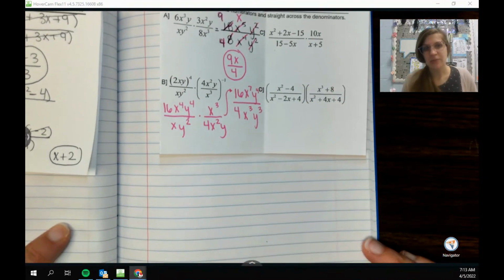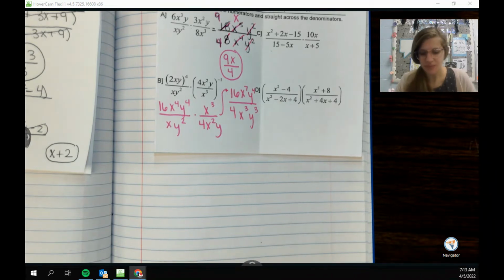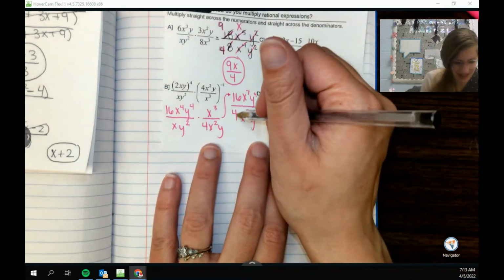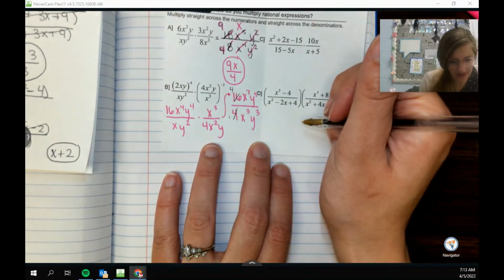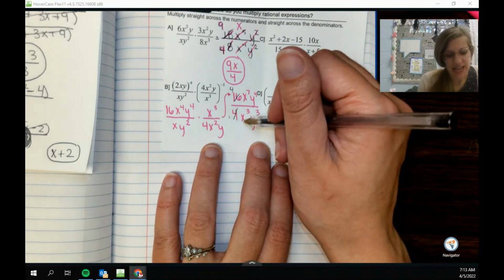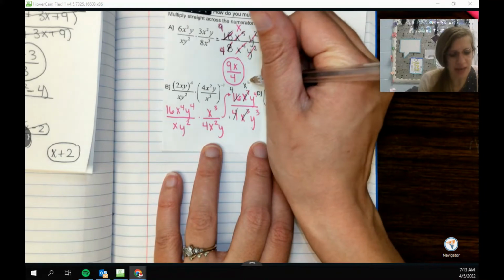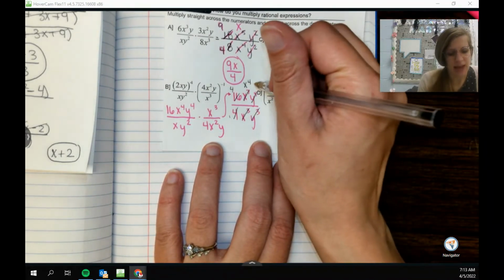And again, because it's a big old multiplication problem here, we can just start dividing out. So the 4 and the 16, I can divide out 4, leaving 4. With the x's, we have 3 on the bottom, 7 on top, so 4 will be left on top. And then with y to the 4th and y to the 3rd, we will have 1 y left on top.